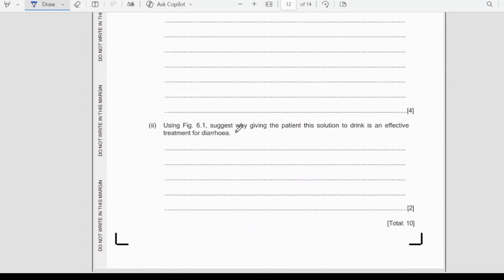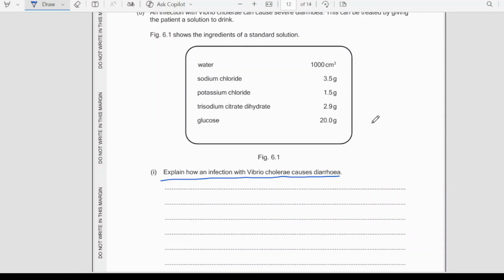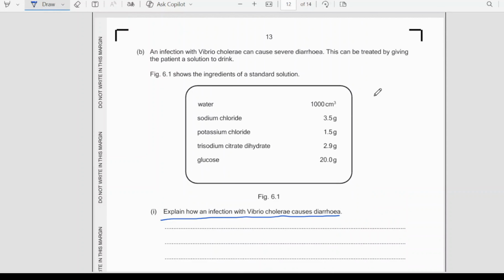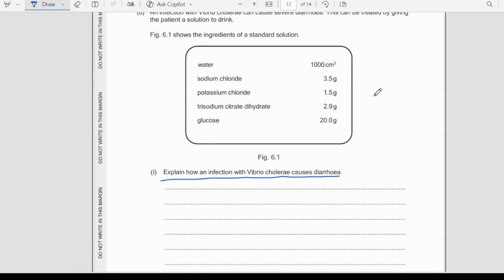Use figure 6.1 to suggest why the patient is given this solution, this ORS basically. Correct. To replace the salts, what else?